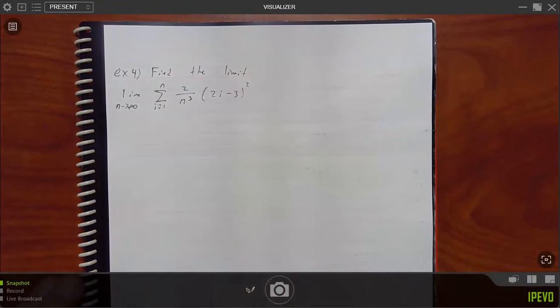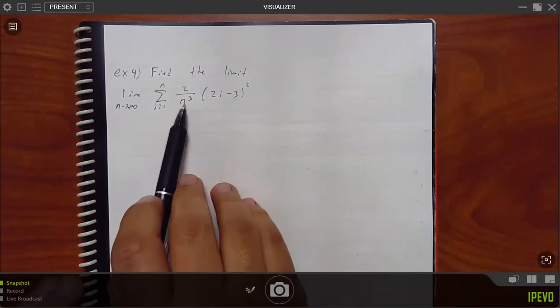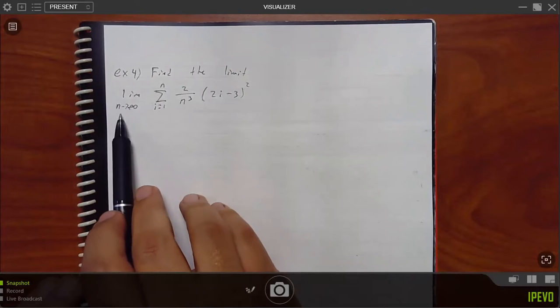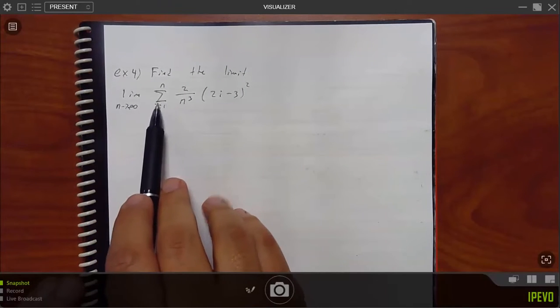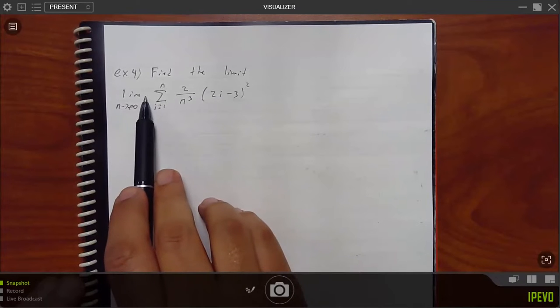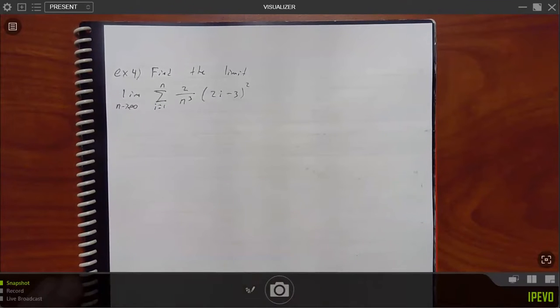Okay. So we can pull out the 1 over n cubed in front of the series, but we cannot pull that out in front of the limit because the limit is dealing with the n, the series is dealing with i. So i is trapped in here, n is trapped in here. That makes sense? So let's go ahead and pull out the 2 over n cubed.